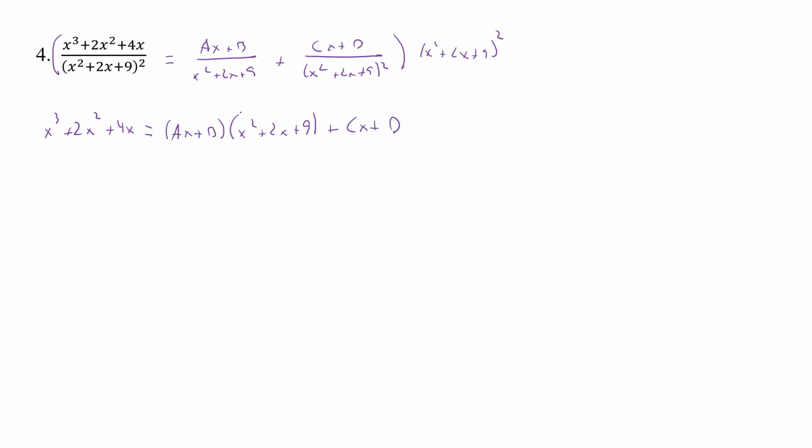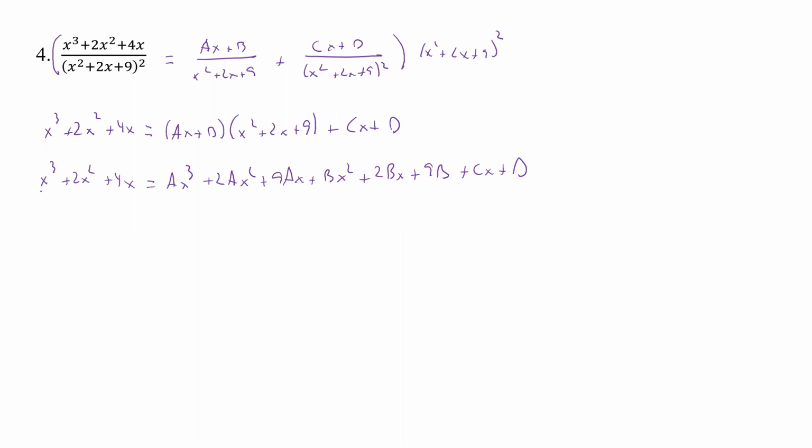Now we're going to have to distribute everywhere there, so that gives us ax cubed, plus 2ax squared, plus 9ax, plus bx squared, plus 2bx, plus 9b, plus our cx plus d.